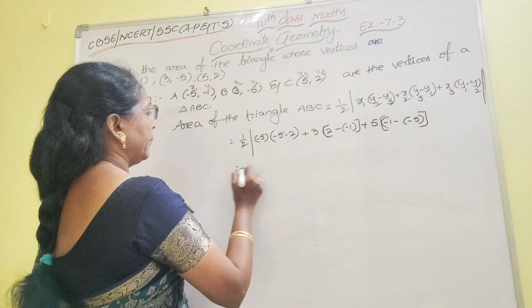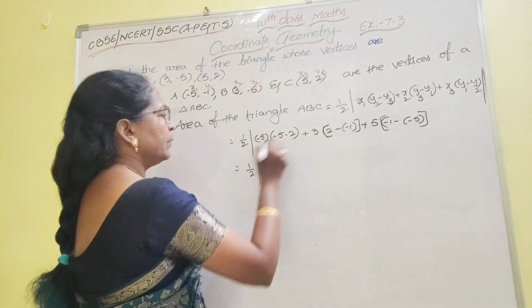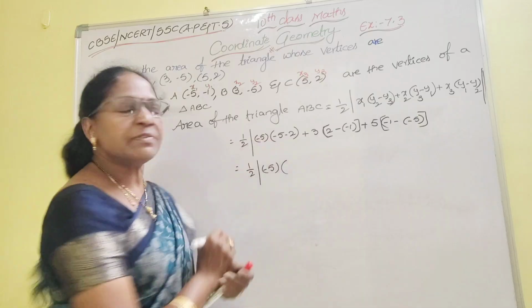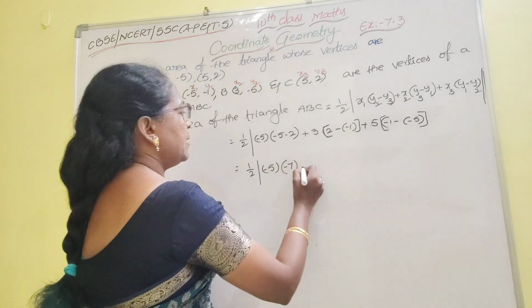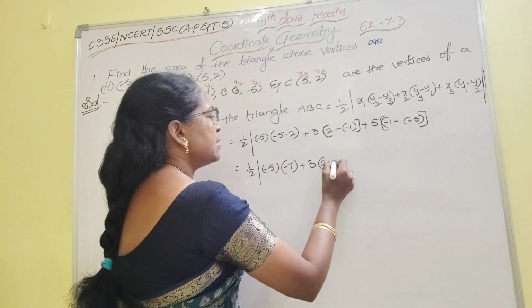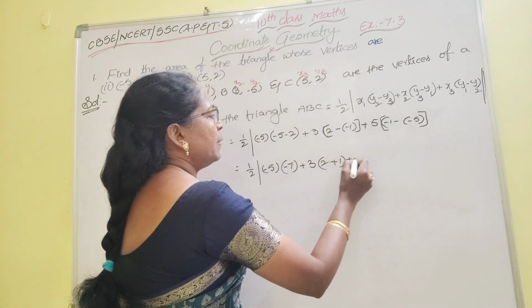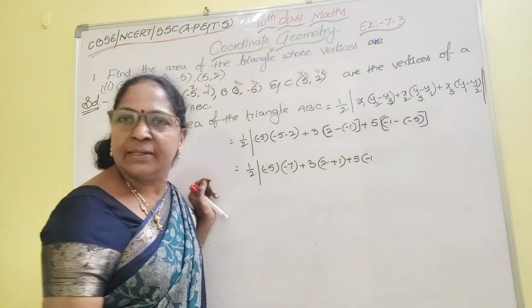Now simplify. Half modulus of minus 5 into (minus 5 minus 2), that equals minus 7, plus 3 into (2 plus 1), plus 5 into (minus 1 plus 5), minus into minus equals plus 5.